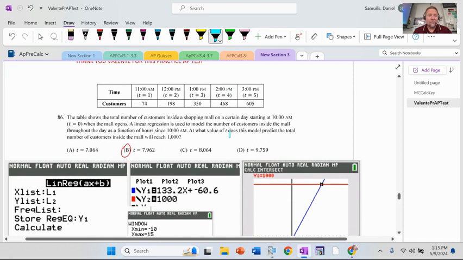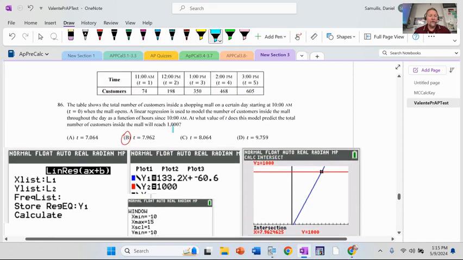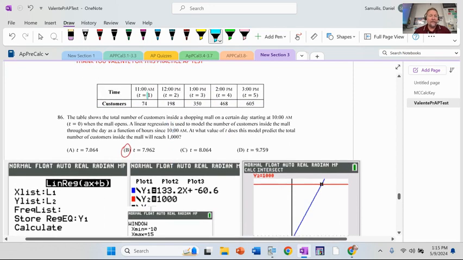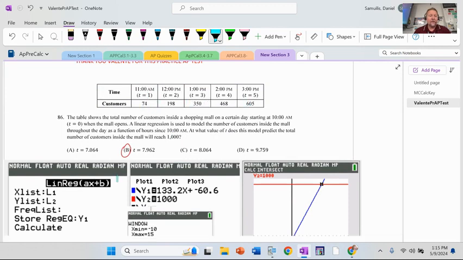Yet another regression. All right, so go in stat edit, L1, L2. Not showing you that again. Next thing, it says it's a linear regression. Great. Do a linreg. Don't forget to store the equation in y1. All right, but then it says predict when the total number of customers inside the mall will reach a certain value.